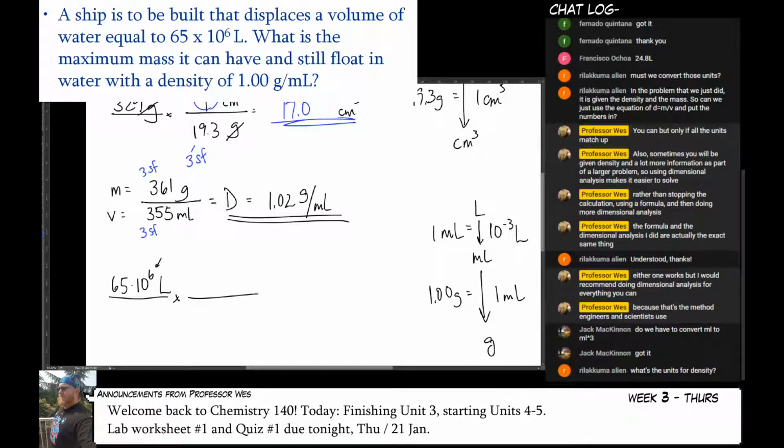So we can now do that dimensional analysis. So we'll turn liters into milliliters. We'll turn milliliters into grams. And so I'll get the mass in grams this way. Now I got to run the numbers.